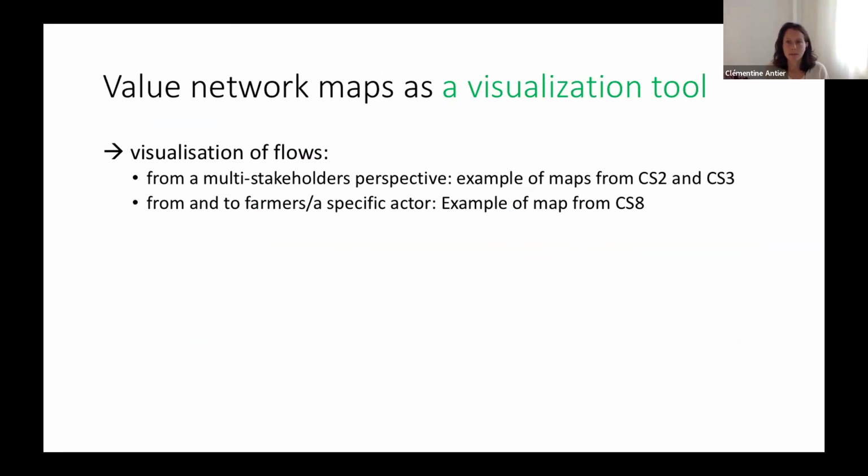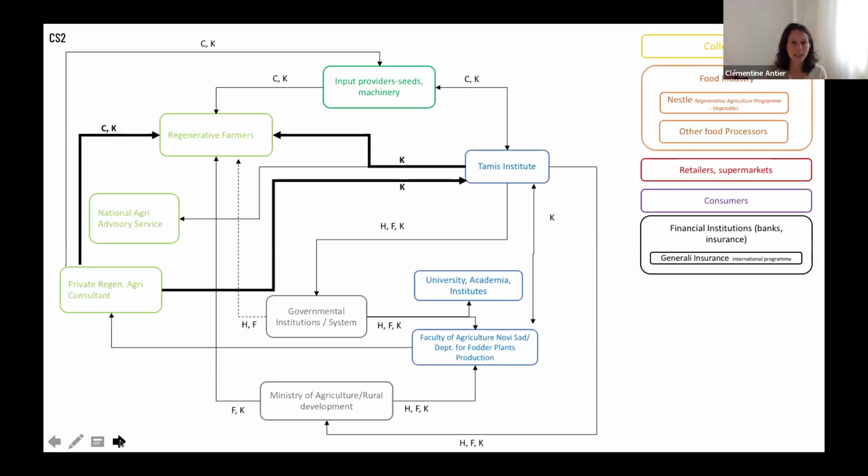That is, thanks to the map, we can look at the flows, and we can look at what types of flows there are, where they are located on the map, and how interconnected they are. And I wanted to show you 2 ways to do the value network maps, because I think it's quite interesting.